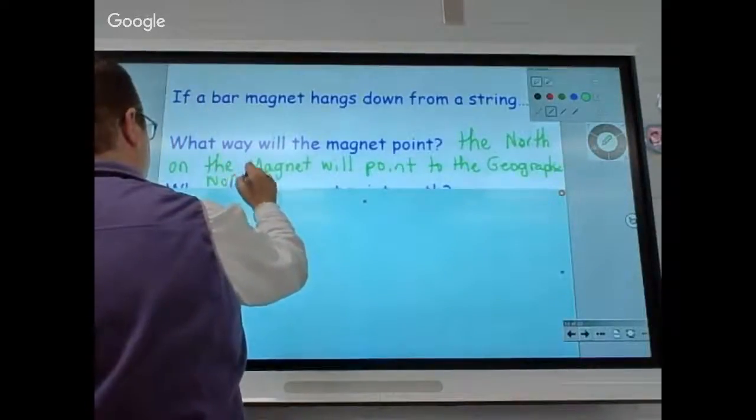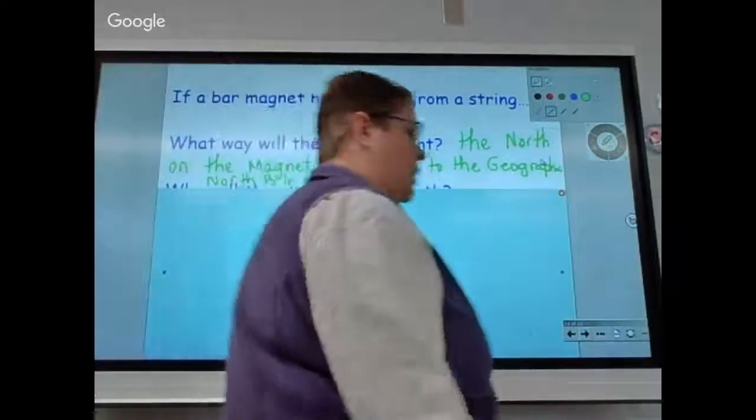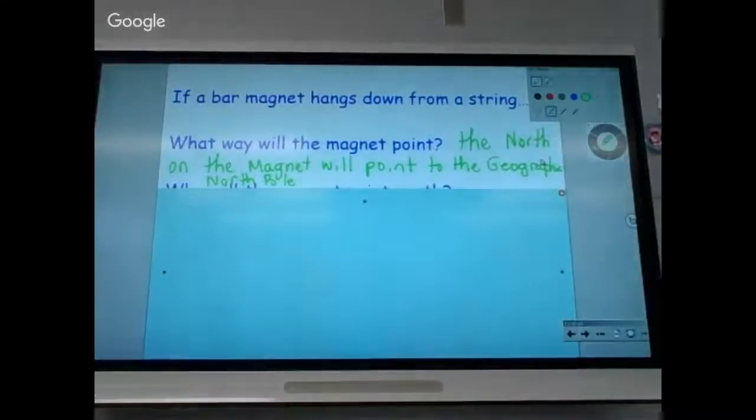The north on the magnet will point to the geographic North Pole.